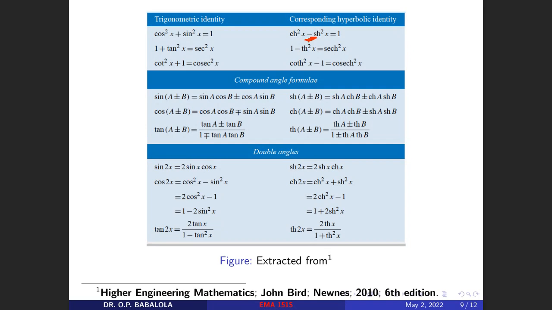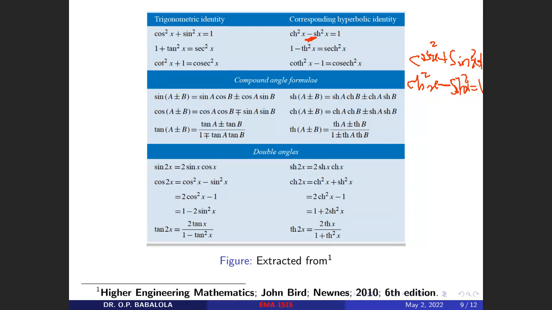The difference is in your basic trigonometry, cos square x plus sine square x equals 1, right? But in the hyperbolic, you have cosh square x, the sign changes to minus, sinh square x equals 1.